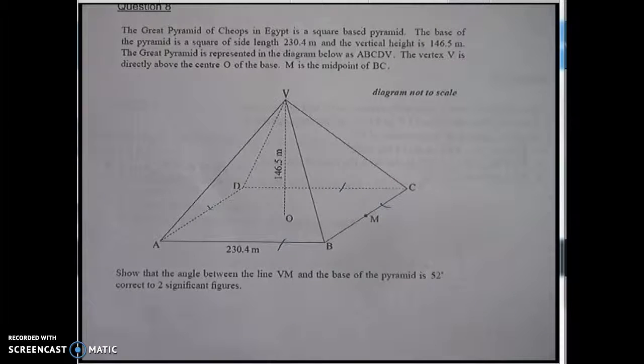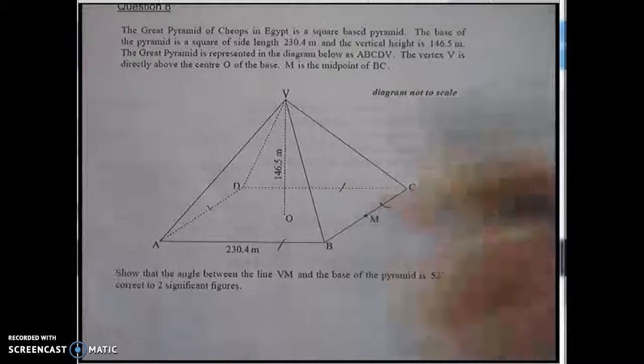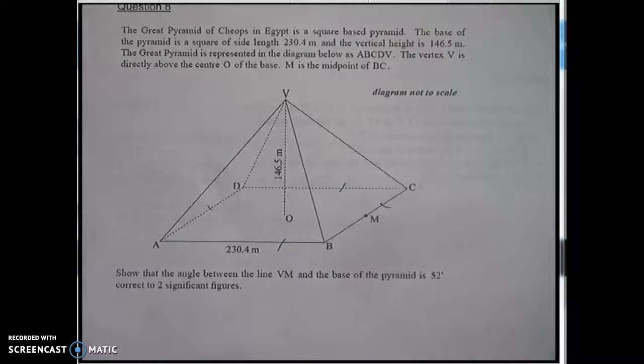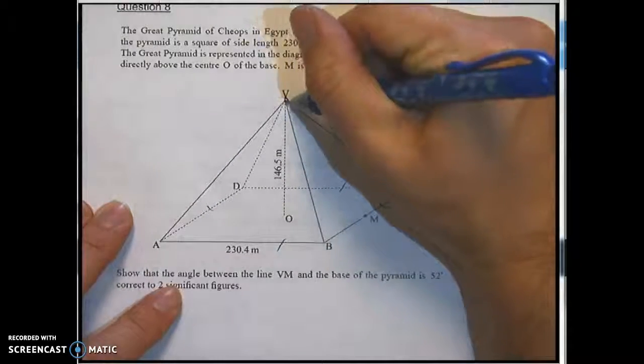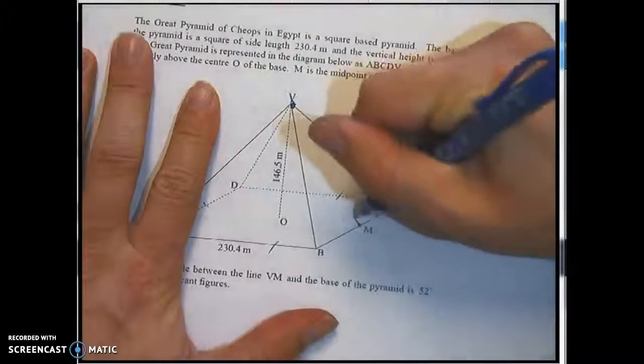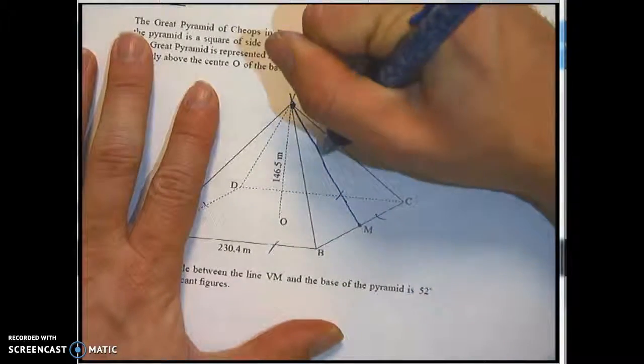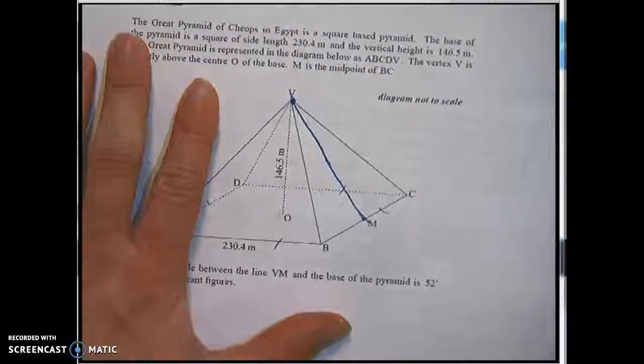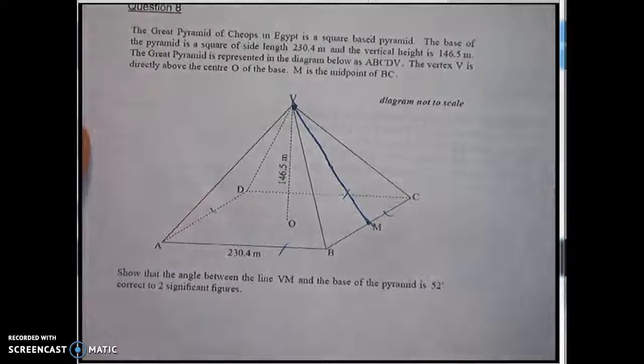The base of the pyramid is a square with length 230.4 meters and vertical height of 146.5 meters. It's got a vertex V, and the center is O. M is the midpoint of BC. Show that the angle between VM, which is this line right here, and the base is 52 degrees to 2 significant figures.